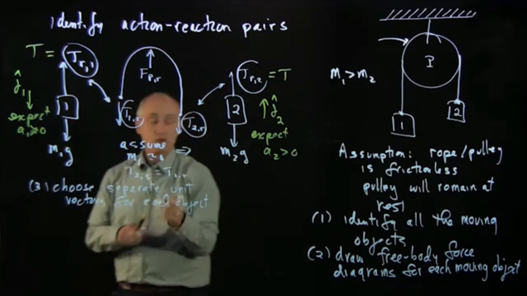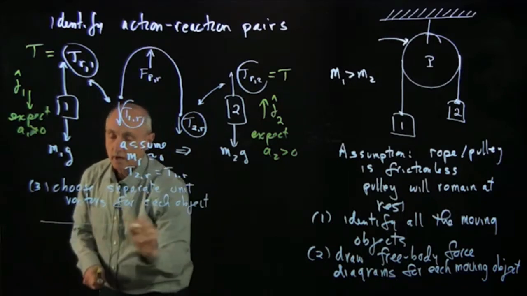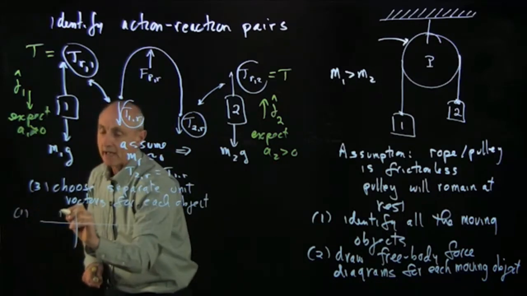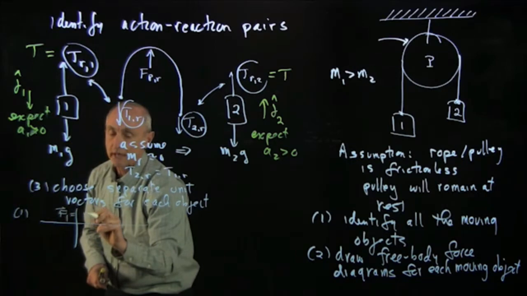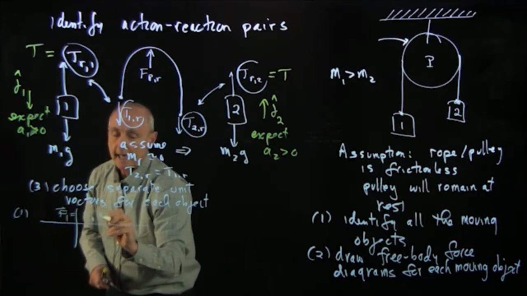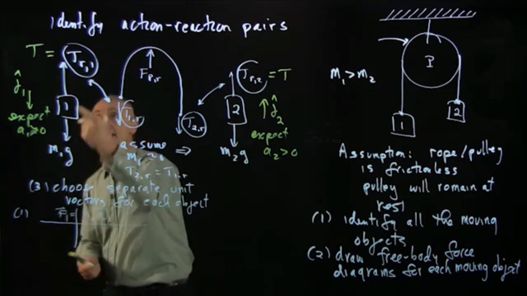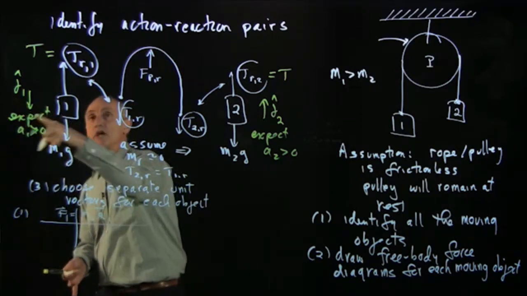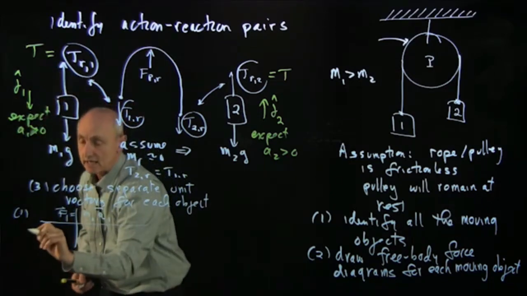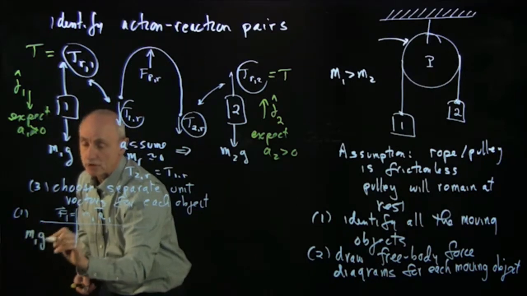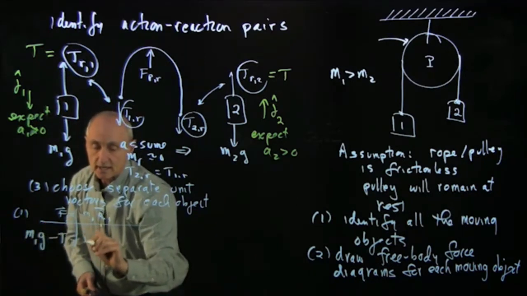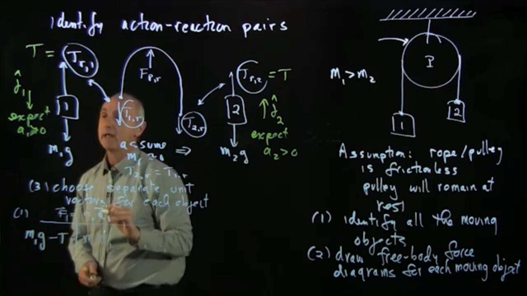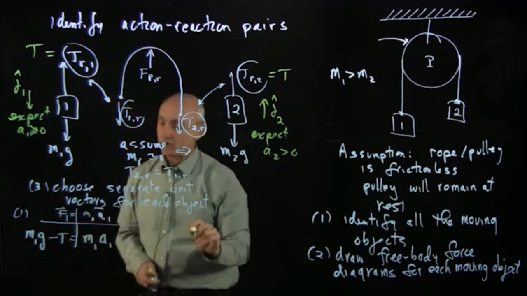Now I can write Newton's second law on 1. So I have F1 equals m1a1. And now I analyze my forces. m1g is in the positive j hat direction. T is in the negative j hat direction. So I have m1g minus T equals m1a1, which I'm expecting to be positive.